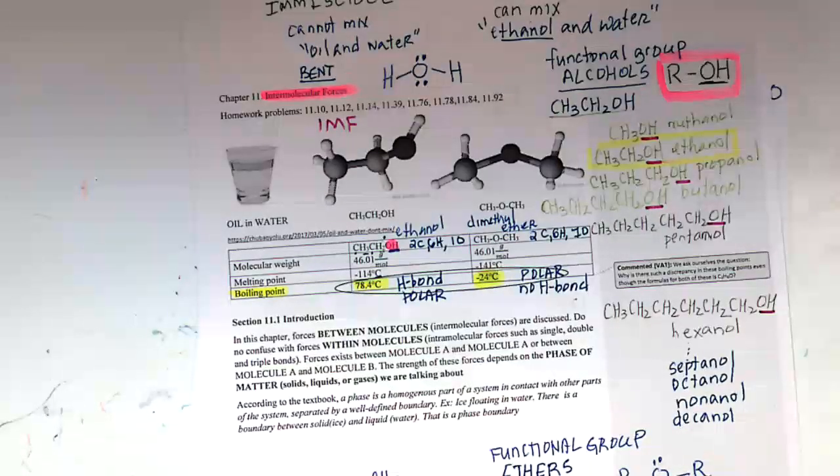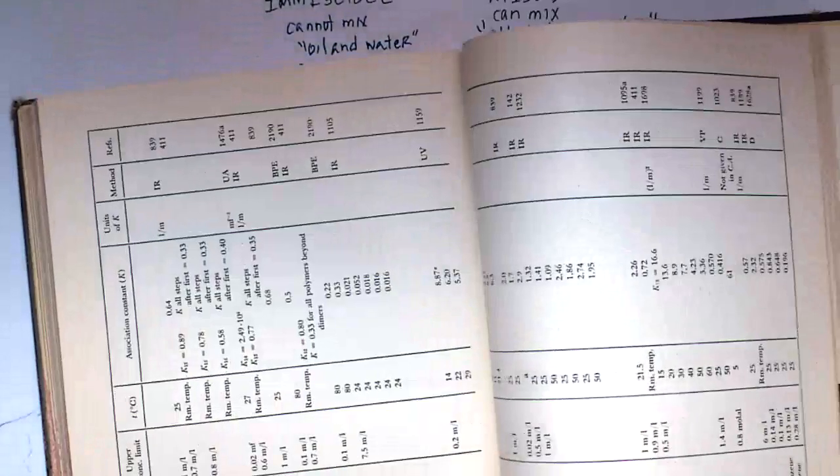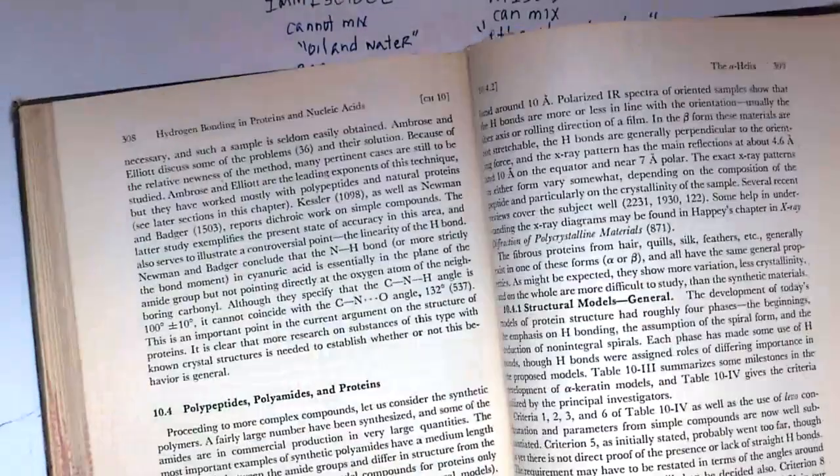It is about 386 pages, not including the bibliography. If you include the bibliography, about 440 pages. Okay, a book dedicated to the hydrogen bond.